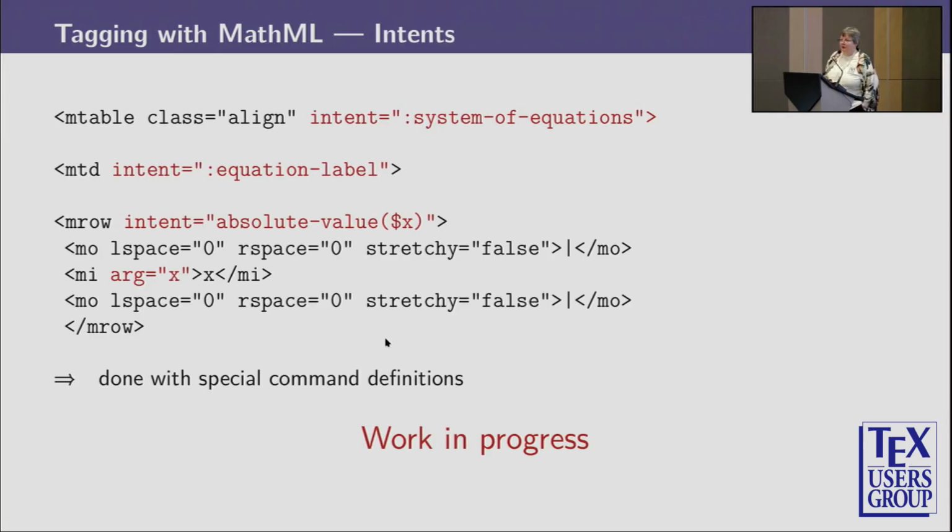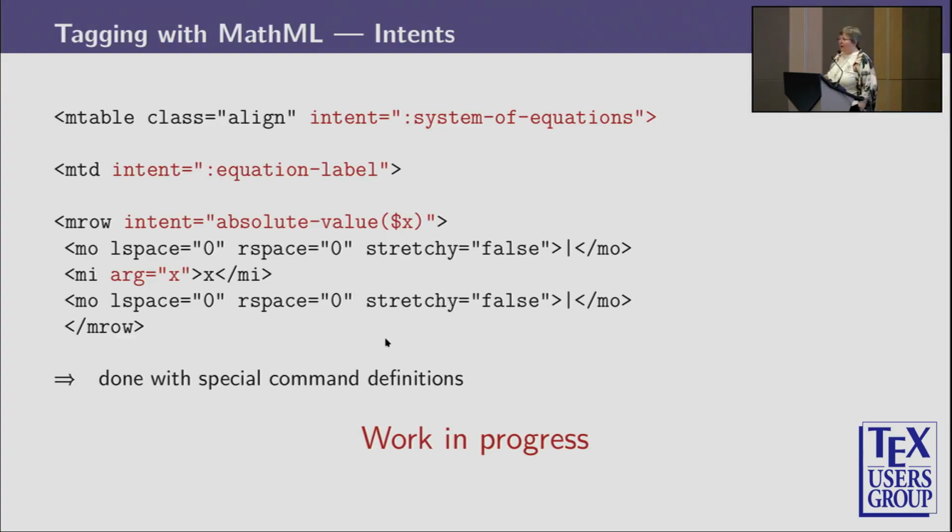Last topic here, I want to mention intents. Frank has already said something about it. We want to try. We have already started, but we need some support. What is intent here? I had the abs command, and the abs command should say something like that is meant to be an absolute value.